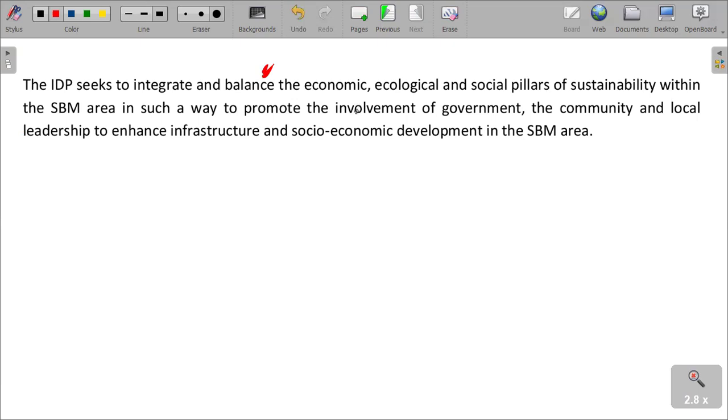We are talking about environmental sustainability in that regard, and social pillars within the municipal area, promoting government participation. Obviously, government control is very important, and also the leadership in terms of infrastructure and socio-economic achievements.